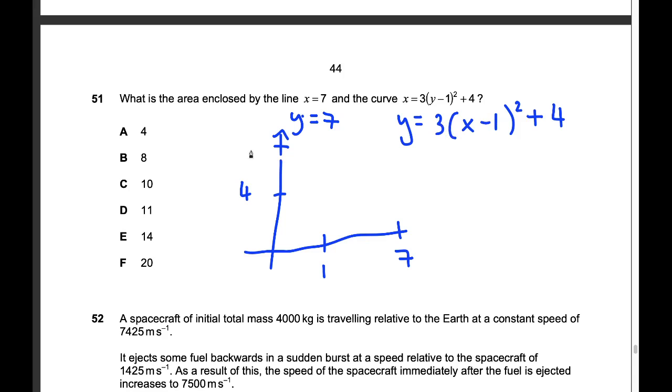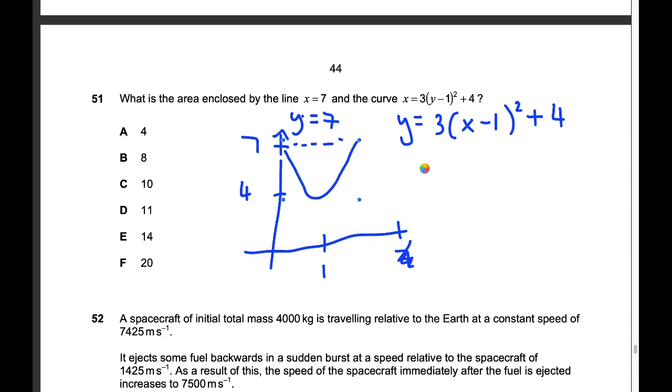Okay, so 7 is up here. So our curve will go something like this. So it's where it crosses this line. It's not going to be 7 at just one x coordinate. It's going to be 7 at two x coordinates.